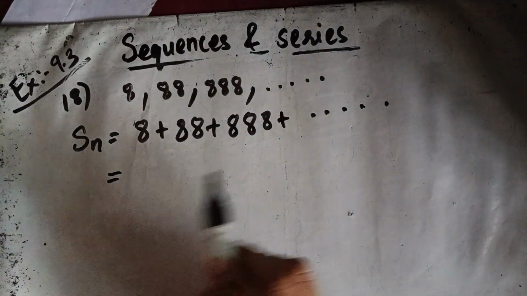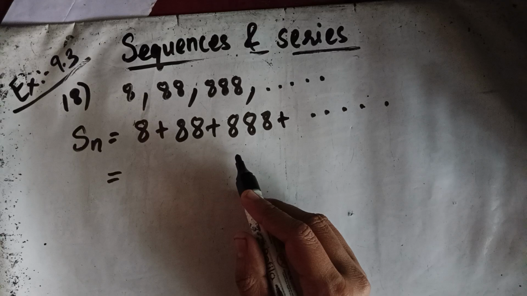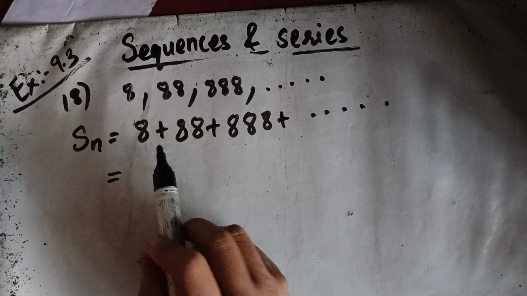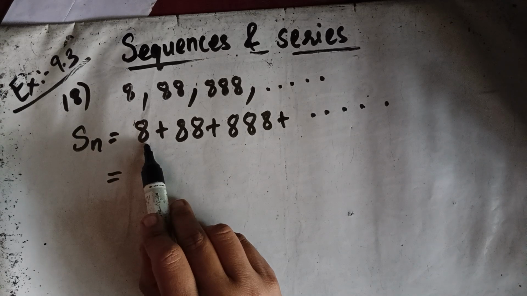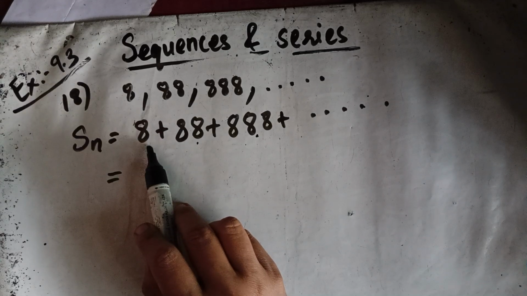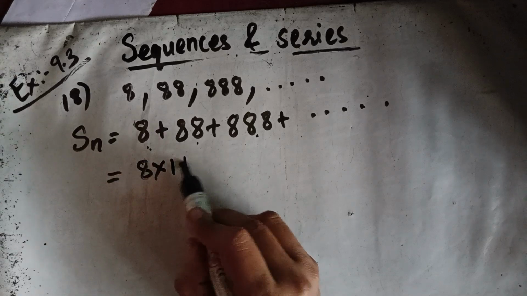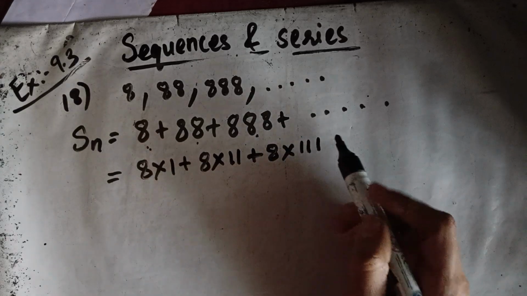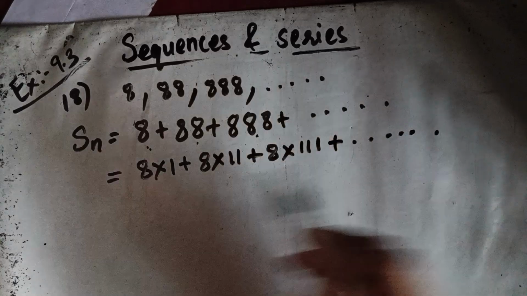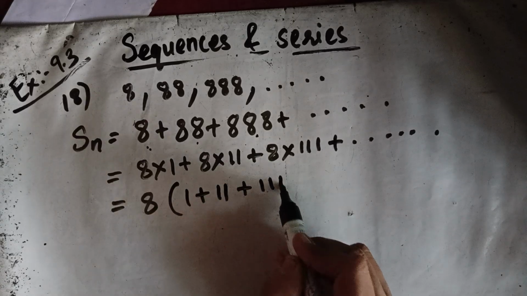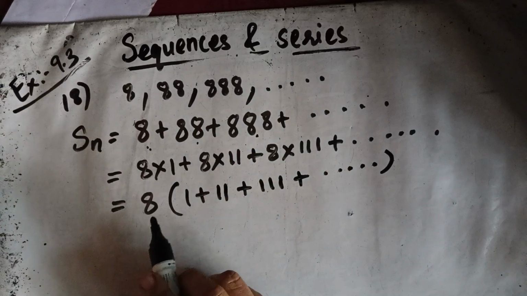You can take something common, that is, you can take 8 common: 8 times 1 plus 11 plus 111 plus dot dot dot.